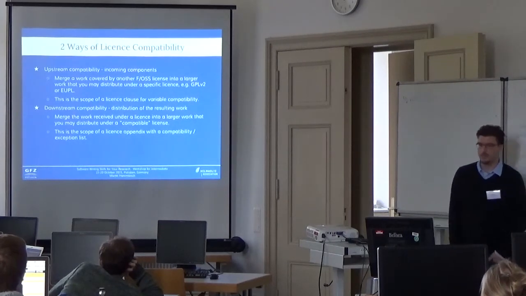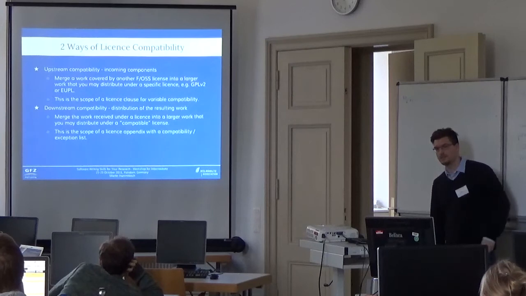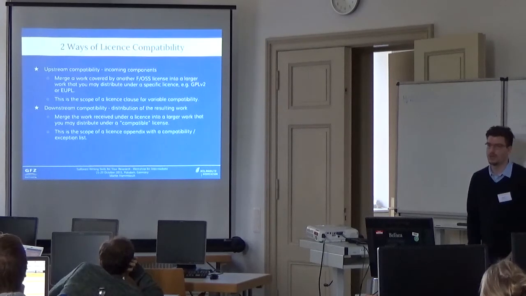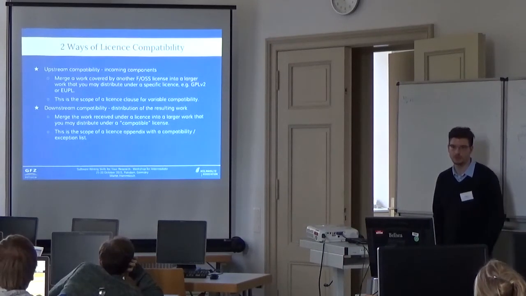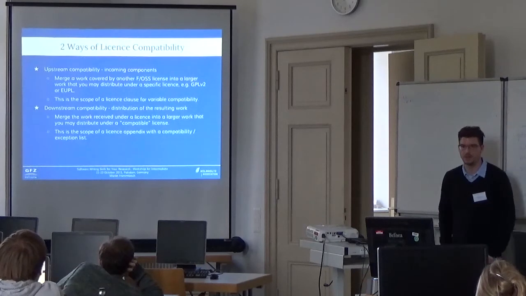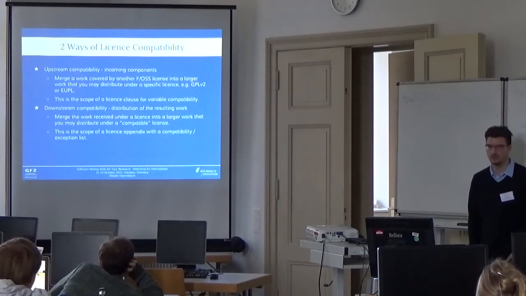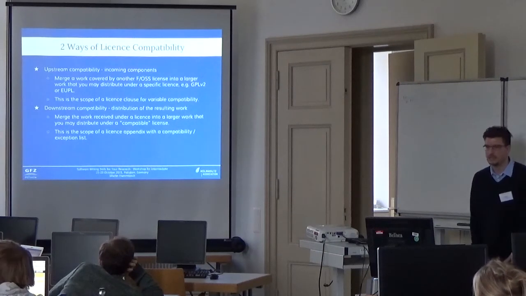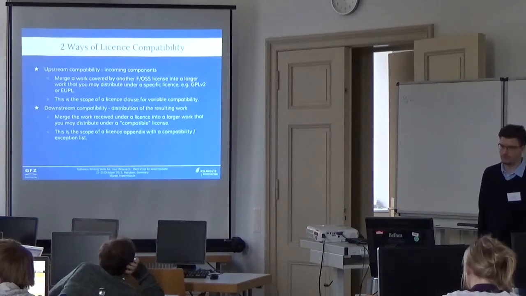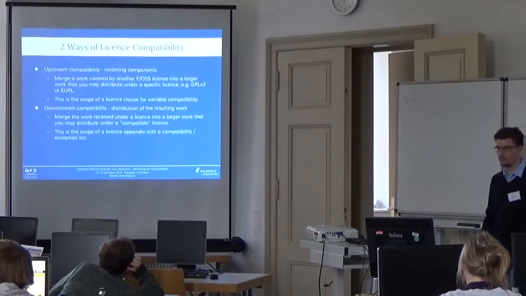And then there are also two ways of license compatibility. There's something which is called upstream compatibility and downstream compatibility. And that means upstream are the incoming components. So you merge the work covered by other licenses into a large work that you may distribute under a specific other license. And this is the scope of so-called license clauses for variable compatibility.